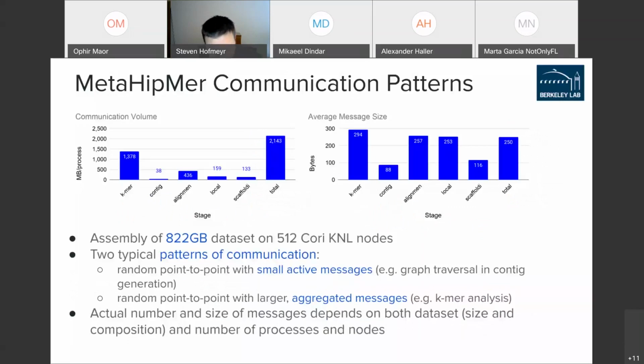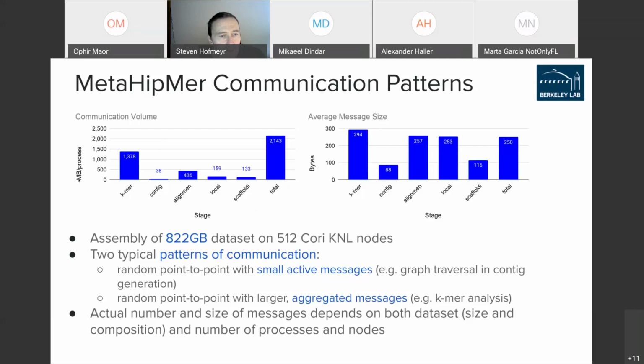And speaking of that, here's a little overview of what the communication patterns look like for MetaHipMer. This is once again our 820 gigabyte data set, and I'm showing the plot for 512. Actually, I think this is Summit nodes, not KNL nodes. What I'm showing on the left plot is the volume of communication.